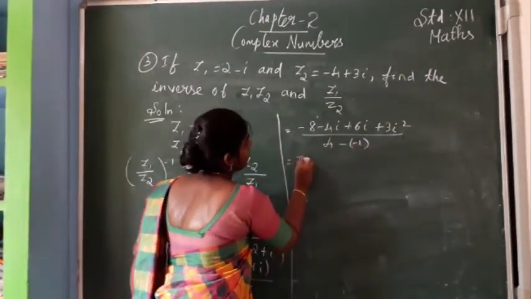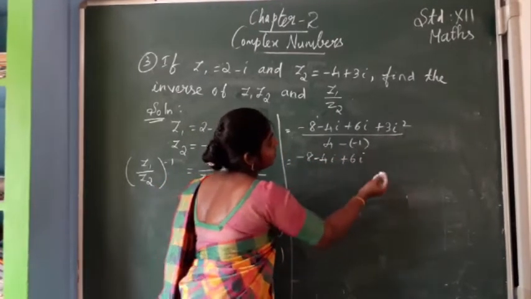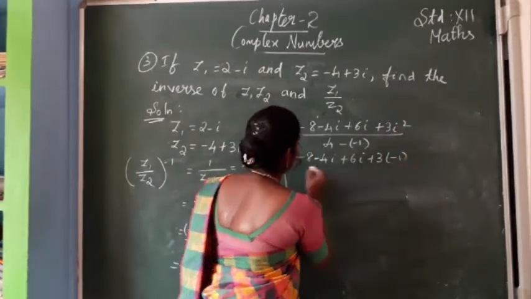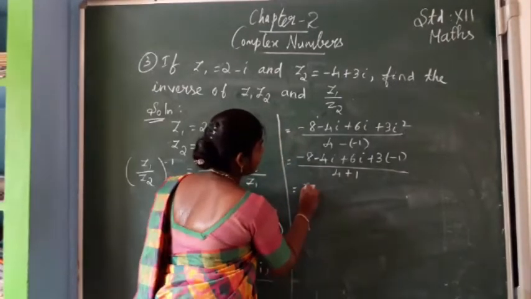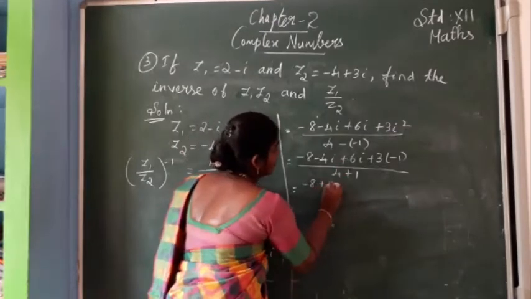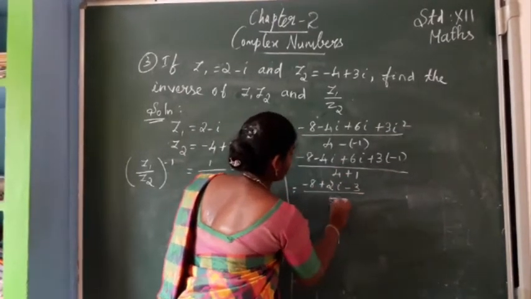That's equal to −8 − 4i + 6i + 3 into i², the value of i² is −1, divided by 4 + 1. That's equal to −8 − 4i + 6i is 2i, minus 3, divided by 5.